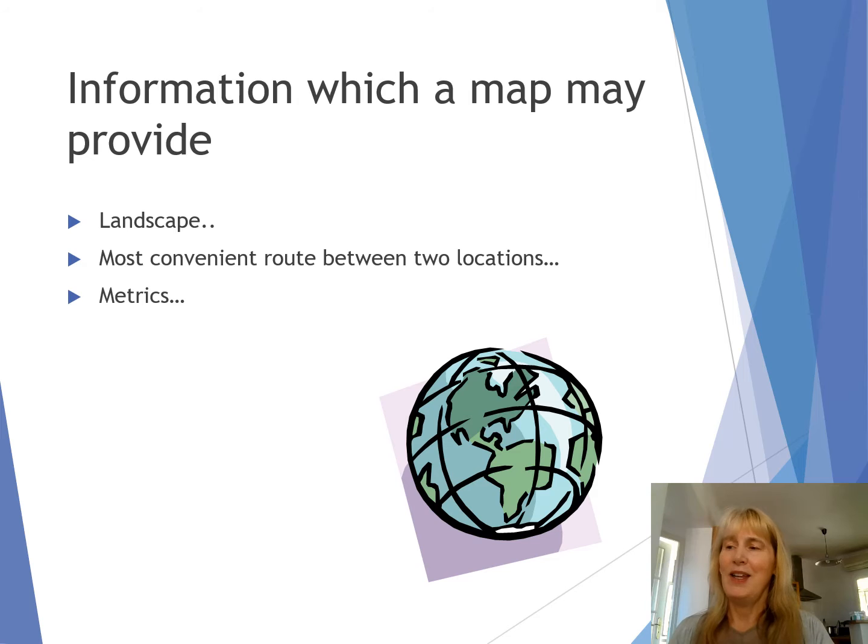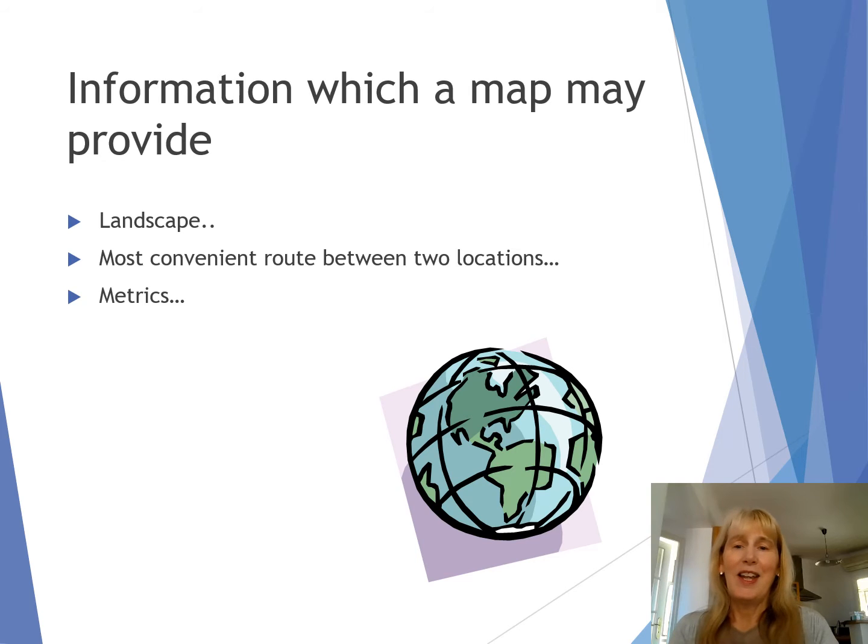Okay, so if we just look at the information that a map can provide, any kind of map can provide information on landscape, most convenient route between two locations, and metrics. So we're quite used to using maps in that sort of context on a day-to-day basis. And a materials map is exactly similar.